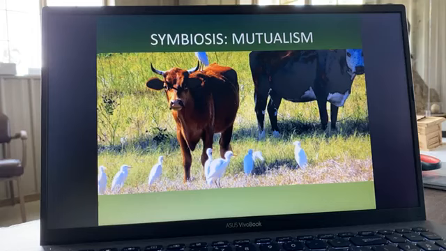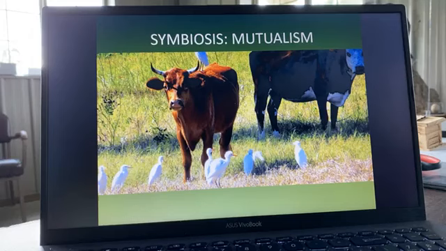They're usually around ponds, but you also find them with cattle. As the cattle move through the grasses, they flush bugs, but the cattle also get ticks and other insect vermin on them, and the cattle egrets come along and pick the ticks off, so quite often you'll see egrets riding on the back of cattle.